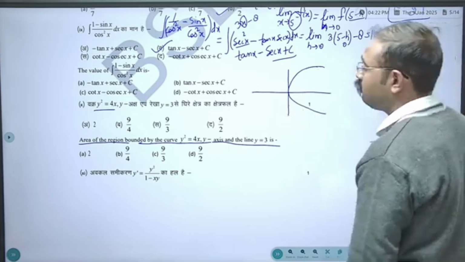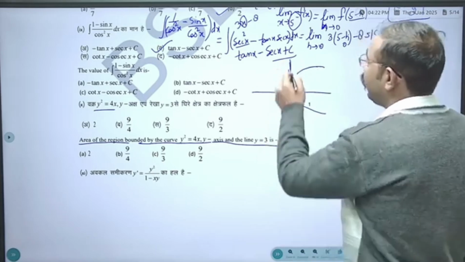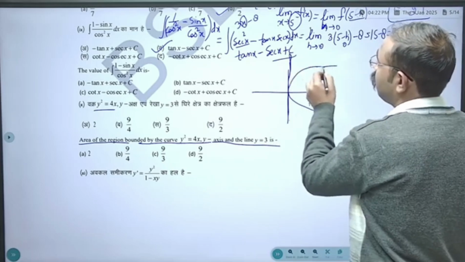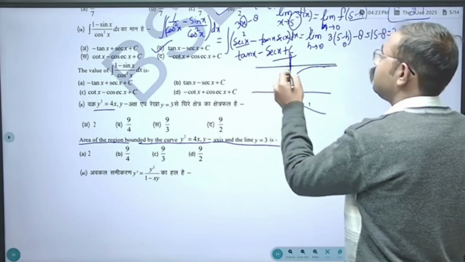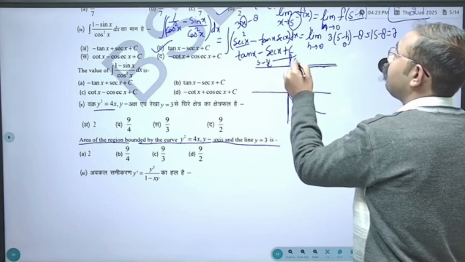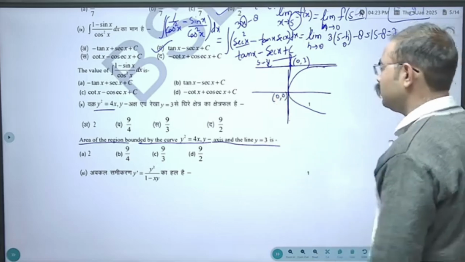This is our y-axis, and the line y is equal to 3. So this point will be (0, 3) and this point will be (0, 0).